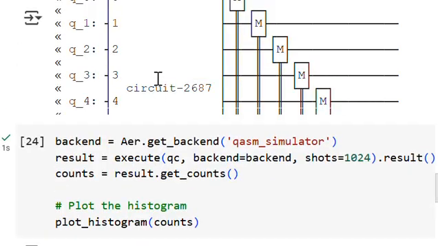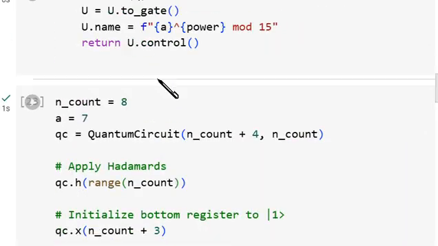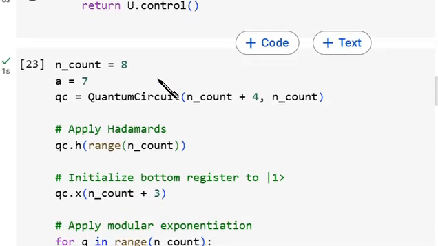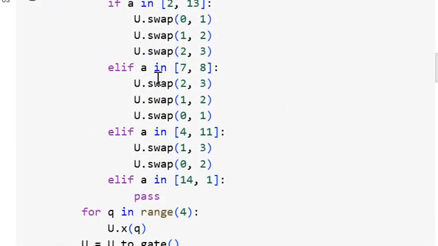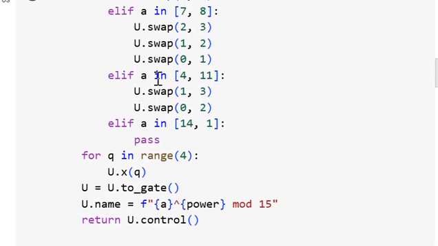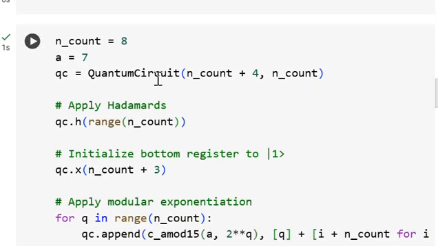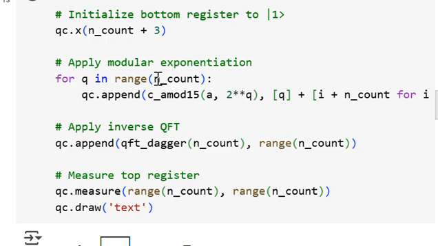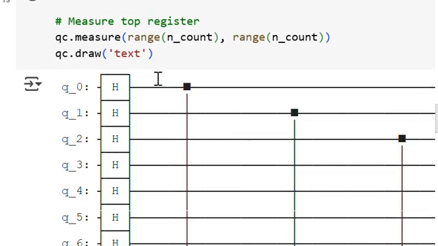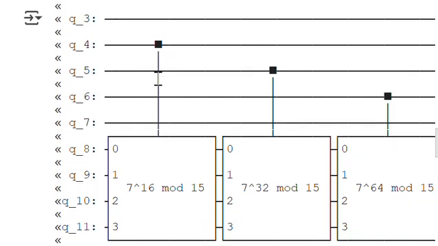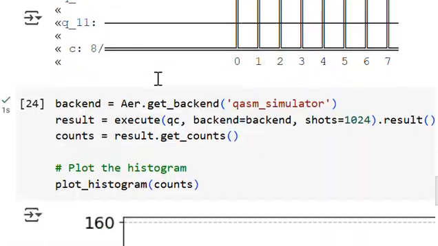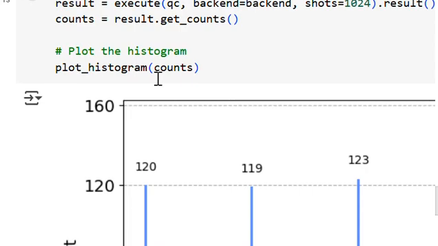I built a quantum circuit in Google Colab using Qiskit. The circuit puts qubits in superposition, does modular exponentiation, uses the quantum Fourier transformation, and measures the result. Then we draw the circuit and the histogram.